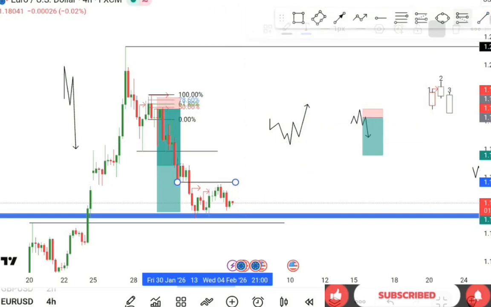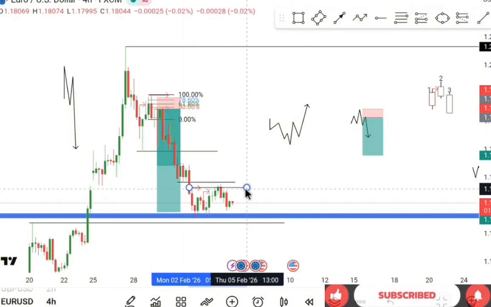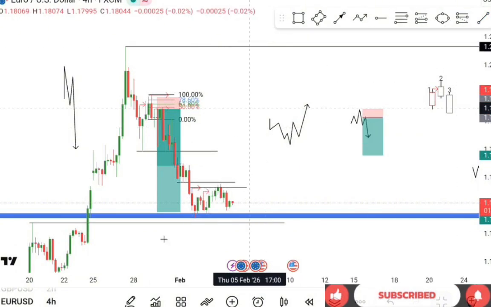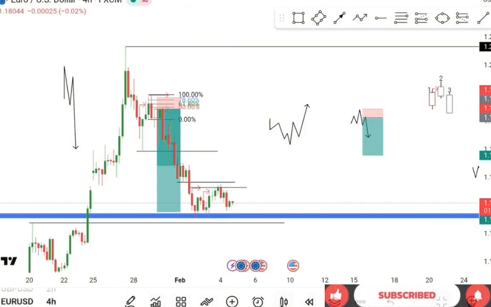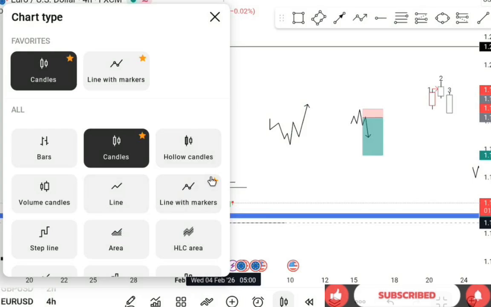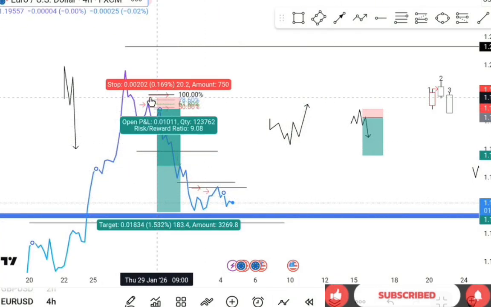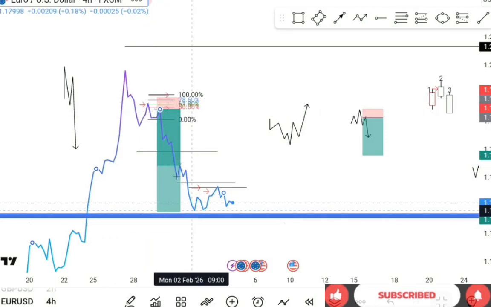It's showing that maybe the buyers might step in from this fair value gap right here. Let's check more how we notice that this is the real place that we can tell. Like you can see, after we made these lower lows, we were just making lower lows and lower highs displacements.